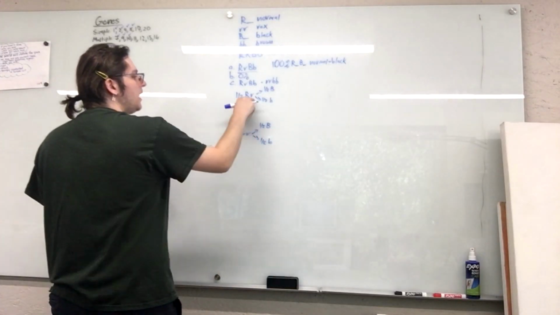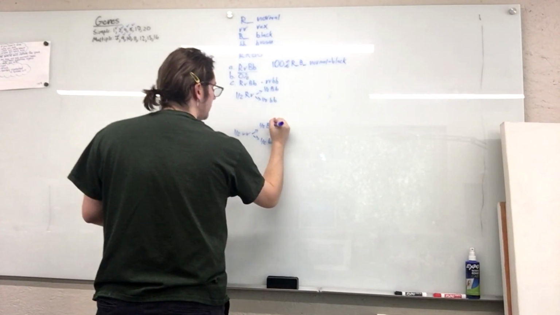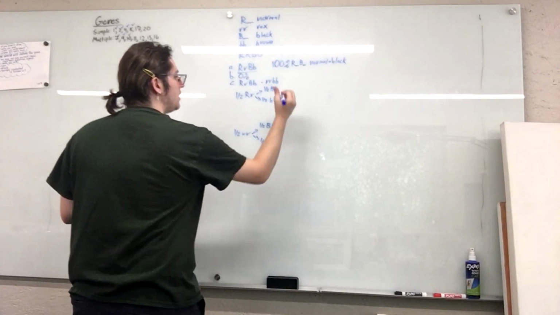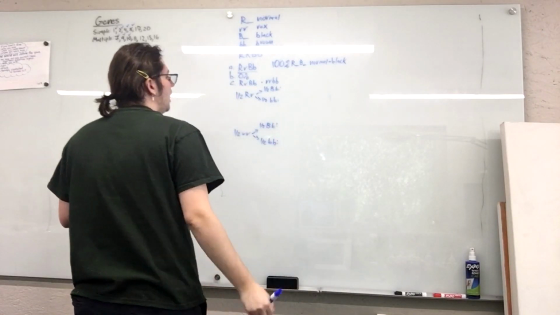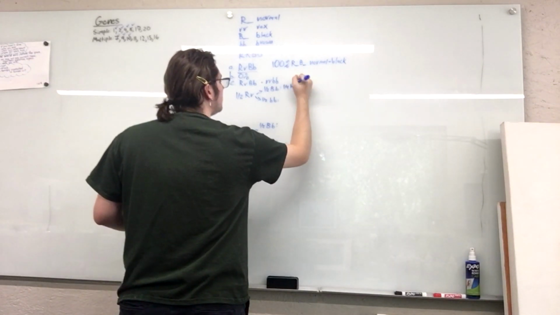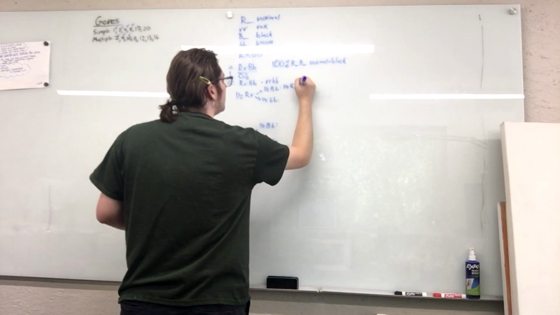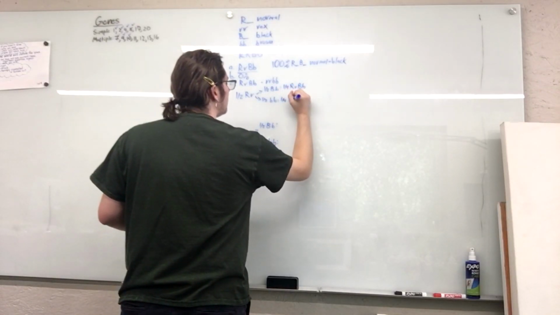And then again, like the R's, the other parent can only give one recessive allele. So then we can just write our answers. This is going to be 1 over 4 being Rr Bb.